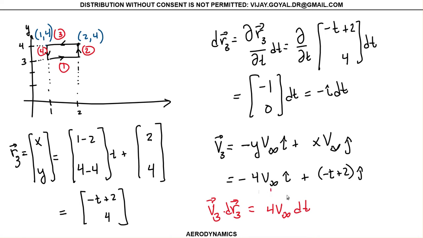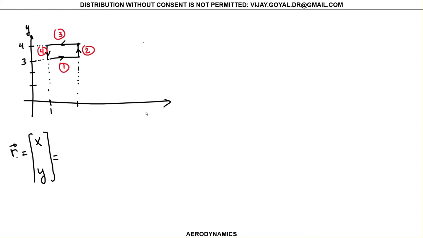Okay, so let's do the last segment. Now we do segment number 4, and it's going in this direction. So my initial point will be 1, 4. Remember, this is the value in x, and the value in x is 1. This coordinate is 3. So now I am going to build my vectors, again applicable only for lines.